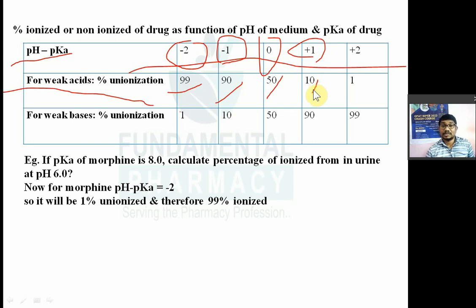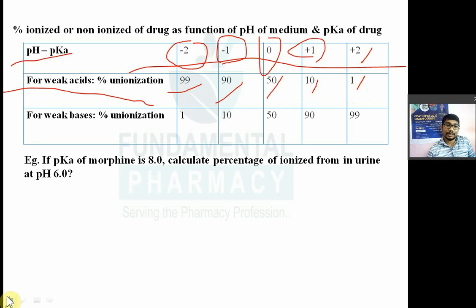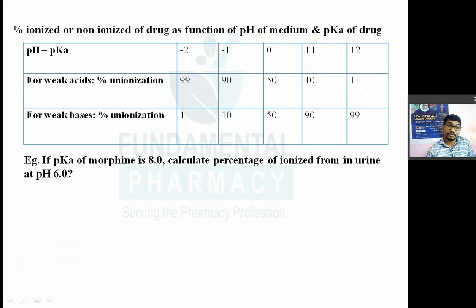और नेक्स्ट फॉर वीकली बेसिक ड्रग, देखो pH minus pK वैल्यू, पहले तो आपको pH माइनस pK करना है, आपको वैल्यू आ जाएंगे। अगर आपका ड्रग बेस है तो, if for weakly basic drug pH minus pK value comes -2, that means 1% drug is unionized, और remaining 99% is ionized.